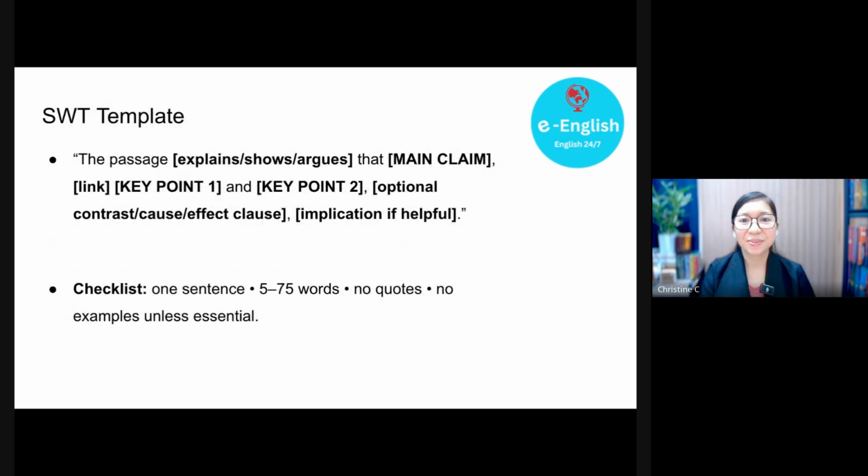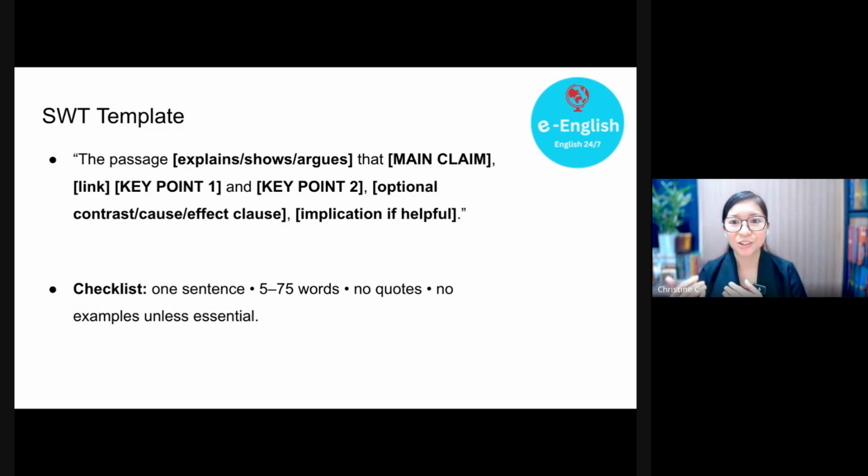Okay, so here is a highly usable template that you can work on. We're going to try to use this today as well. So let's see what it looks like. After reading the text, you can start with writing the passage. Then use reporting verbs. The passage explains.